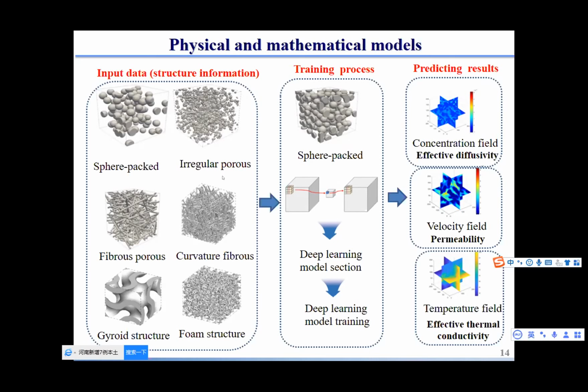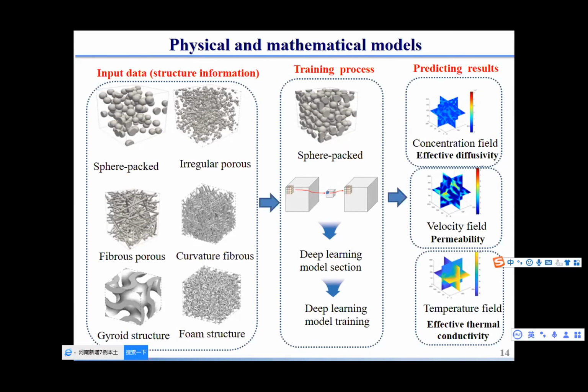So if we only use one structure as training samples for the deep learning model, we can use it to predict the performance of the other structures. It should be very interesting.